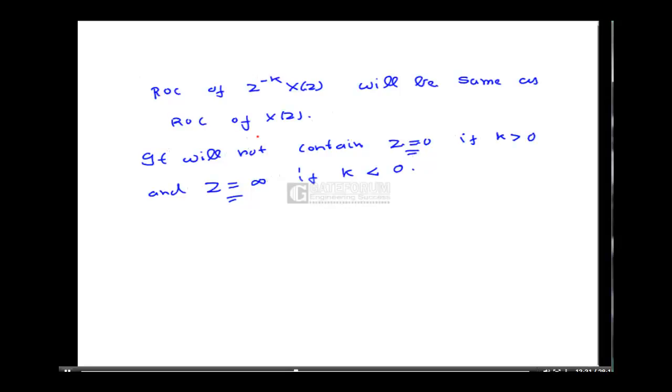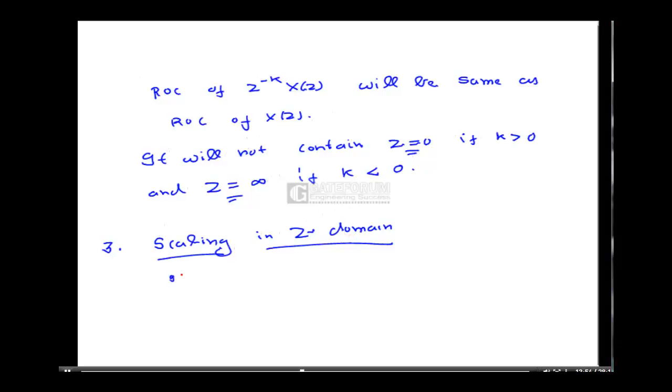Next, third property in this is scaling in Z domain. Z domain scaling means we are multiplying by some coefficient in the z of X(z).